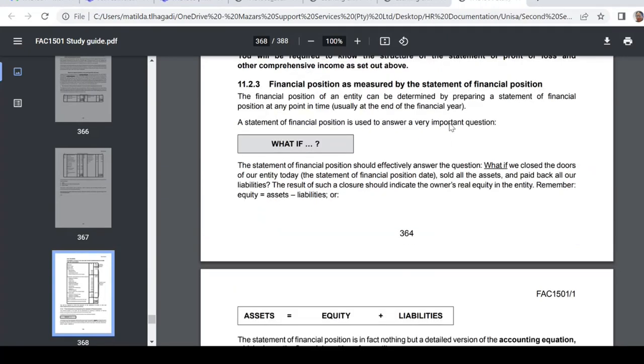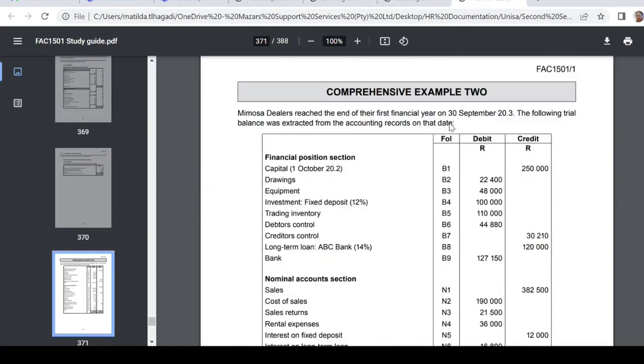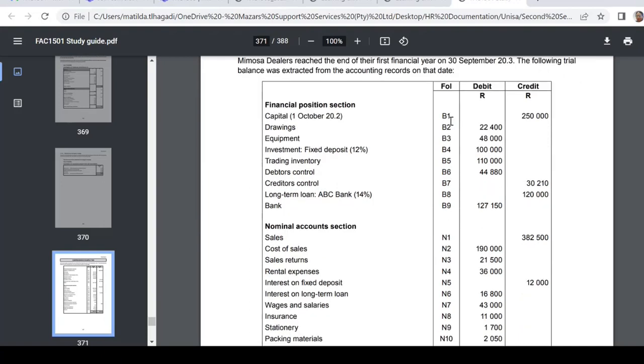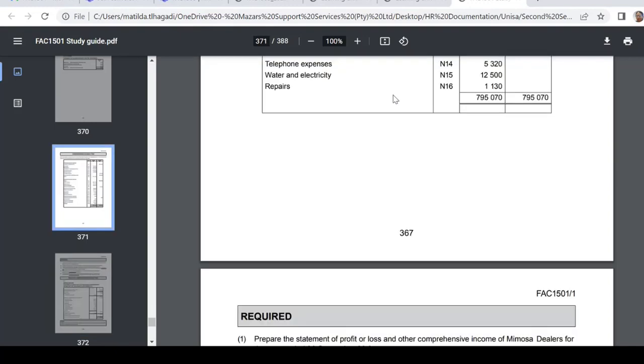Now, I want us to look at the financial statements. So we'll do comprehensive example number 2. Mimosa Dealers, at the end of the first financial year, 30 September, the following trial balance was extracted from the accounting records on that date. Prepare the statement of profit and loss and other comprehensive income for the year ended 30 September 20.3.